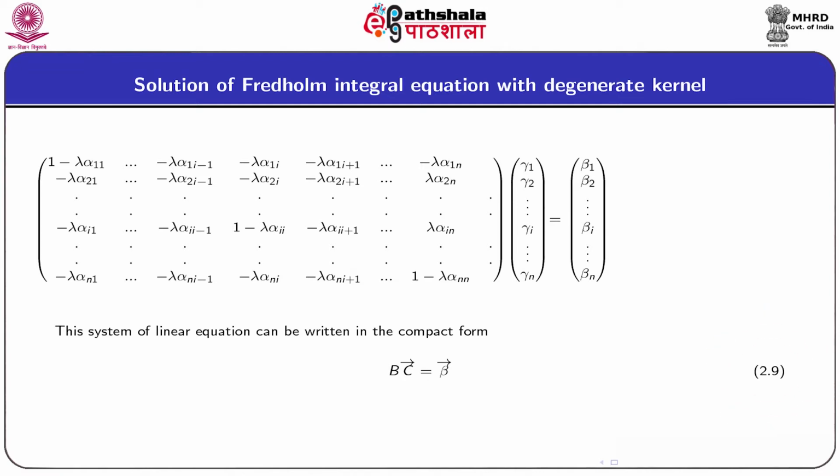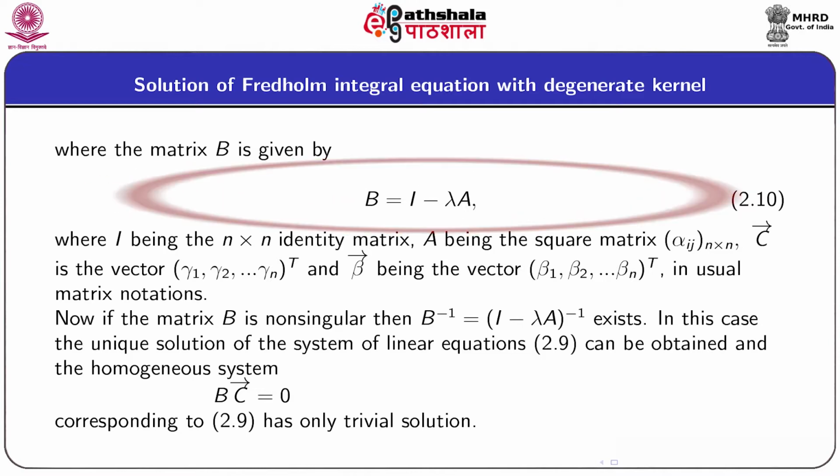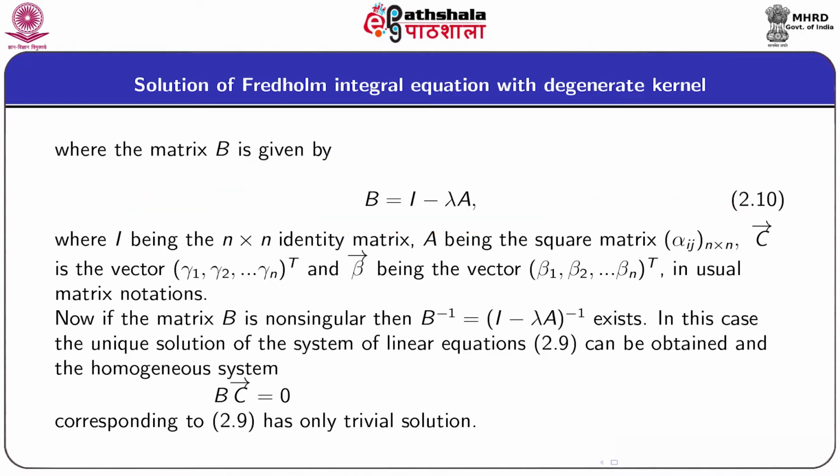Here beta vector is the column vector consisting of the functions beta_1 to beta_n, and this C vector is the column vector consisting of the unknowns gamma_1, gamma_2 up to gamma_n, and the matrix B is given by I minus lambda A, where I is the identity matrix of order n cross n and A is the square matrix whose elements are the known alpha_ij.